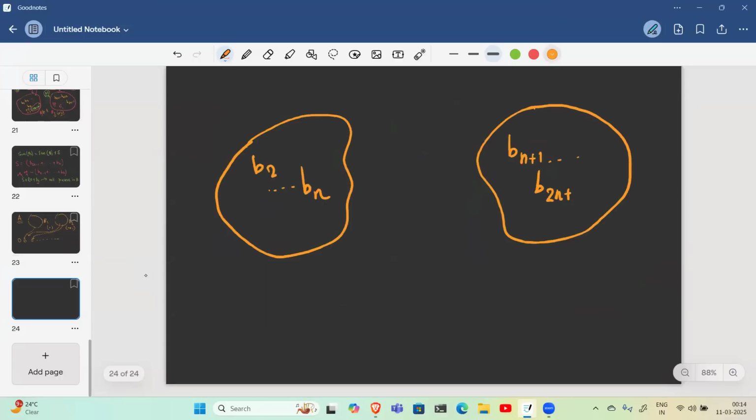Fine. Since this is my bag B1, it is of size n minus 1. This is my bag B2, also of size n minus 1. Since I've inserted larger elements in bag B2 compared to B1, its sum is more. Suppose the sum of bag B2 is S more than the sum of bag B1.